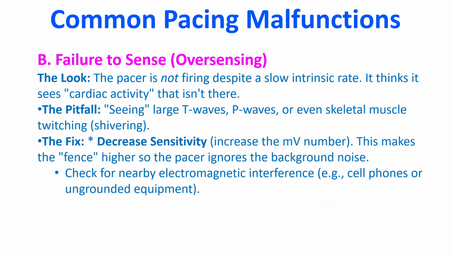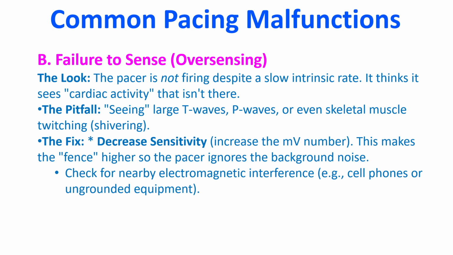Oversensing. The pacer is not firing despite a slow intrinsic rate. It thinks it sees cardiac activity that isn't there. This could be because it is sensing large T waves, P waves, or even skeletal muscle twitching like shivering.